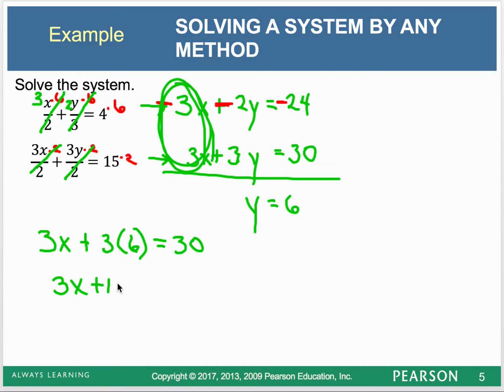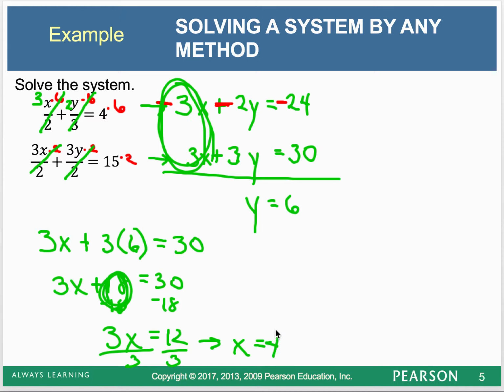So 3x plus 18 equals 30. Subtract 18 from both sides. All right, so 3x equals 12. Divide by 3 tells us that x equals 4. So my answer is the point (4, 6).